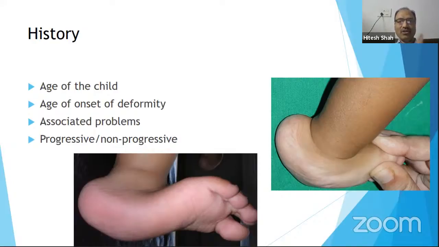An important aspect of congenital vertical talus, or CVT, is that it may be associated with multiple congenital problems, so you need to ask whether there is an associated problem. Another important question is whether the deformity is progressive or non-progressive. Most congenital deformities of non-neurological cause would not be progressive, but if it is associated with a neurological issue, it would be progressive.